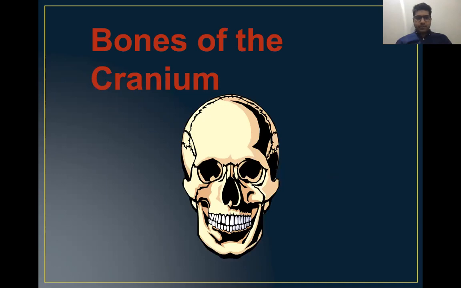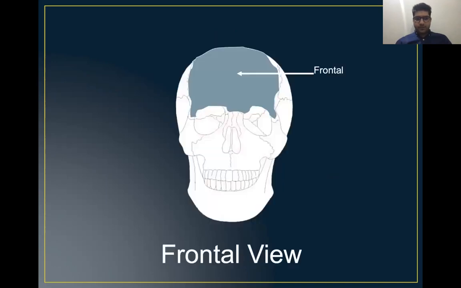So the bones of the skull and the cranium. This is basically a frontal view. This is the frontal bone. All right, this whole area of the skull is covered by the frontal bone.